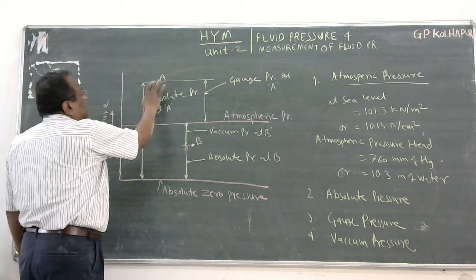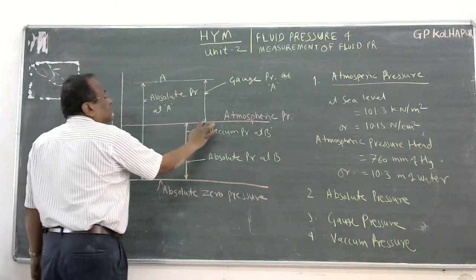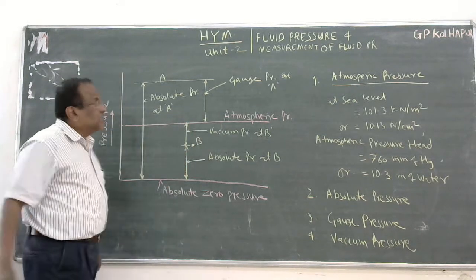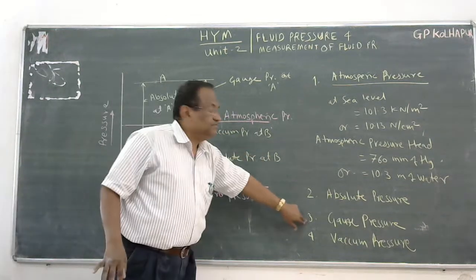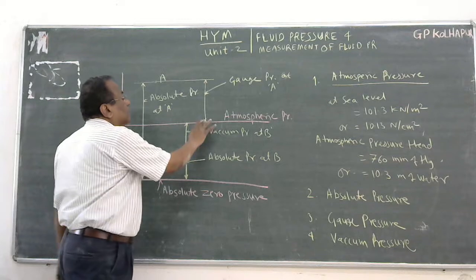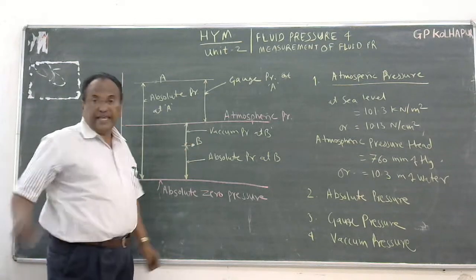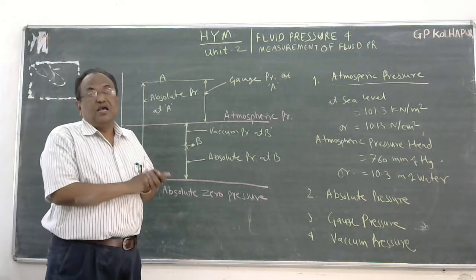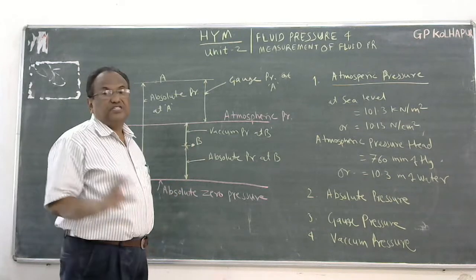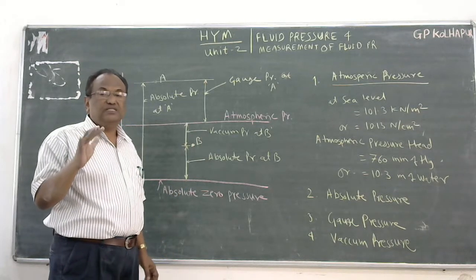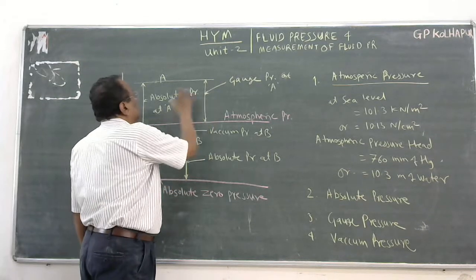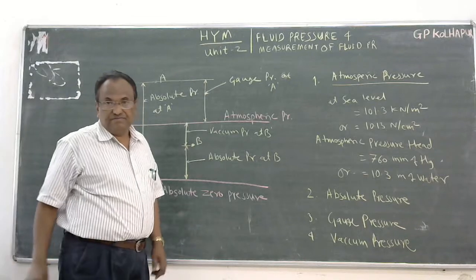But if you measure the pressure at A keeping the atmospheric pressure as datum, the pressure is called gauge pressure. The pressures measured with reference to atmospheric pressure are called gauge pressures. That means on the gauges, the atmospheric pressure will be marked as 0, and above the atmospheric pressure it will be known as gauge pressure.